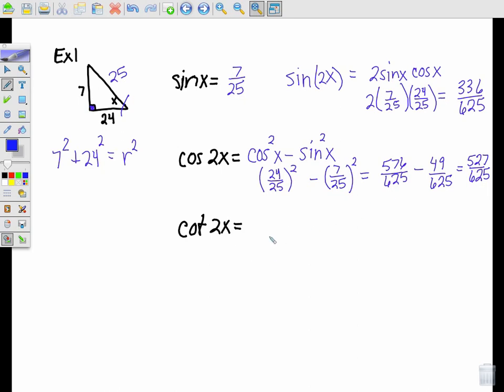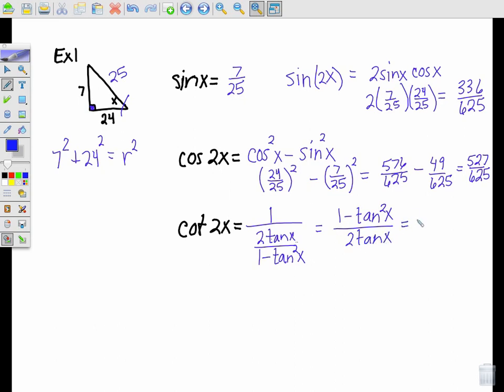And for cotangent, what we're going to do is 1 over the formula for tangent, and tangent's formula is 2 tangent of x over 1 minus tangent squared. So we're really looking at doing the reciprocal, so 1 minus tangent squared over 2 tangent of x.